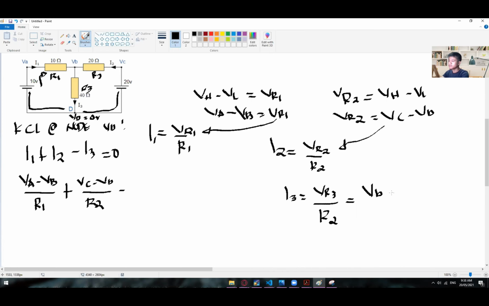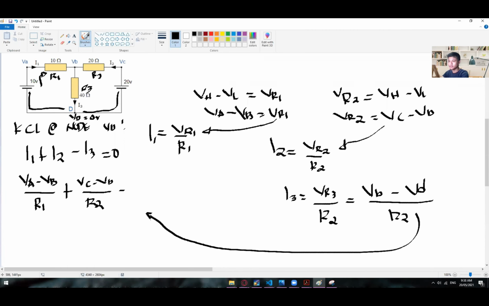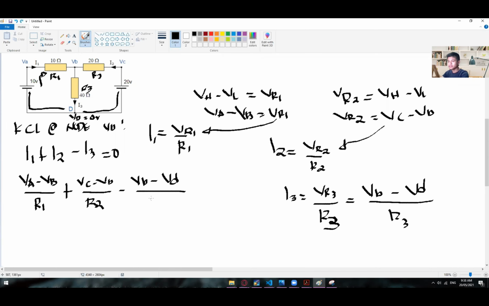VB minus VD, which is actually 0, divided by R3. Sorry, this one is R3 also. So for the I3, we have VB minus VD divided by R3, equal to 0.